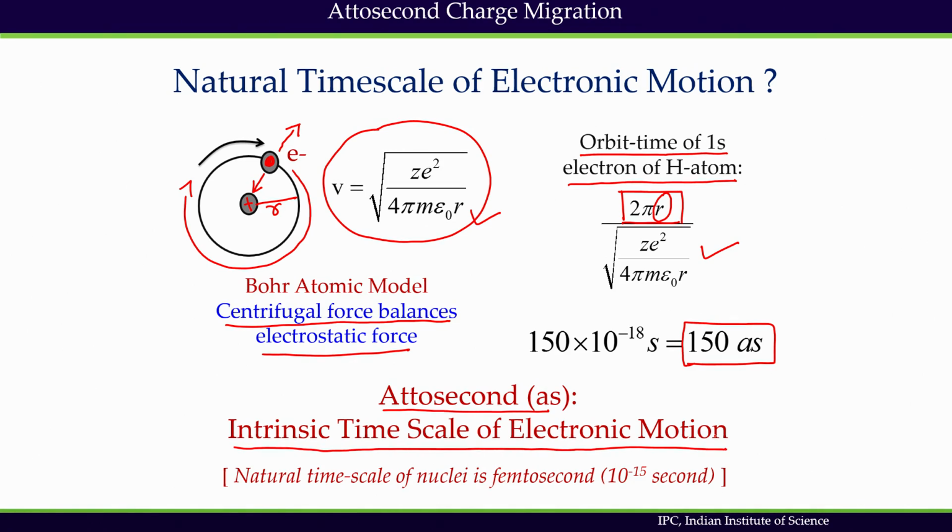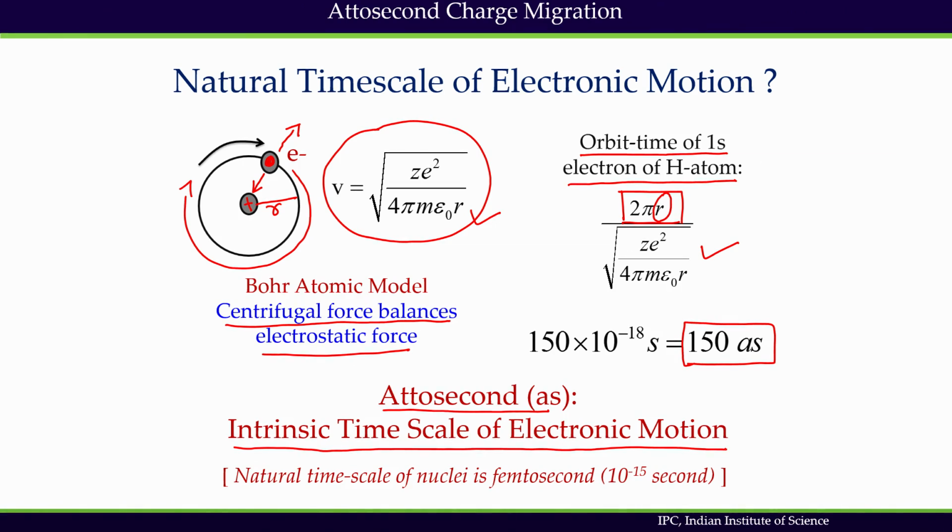Electron is a very light particle, and the nucleus is the heavier particle. Nucleus is 3 orders of magnitude heavier than the electron, and that's why the electron, because of its lighter mass, can travel very quickly, and the time scale of its motion is very fast.